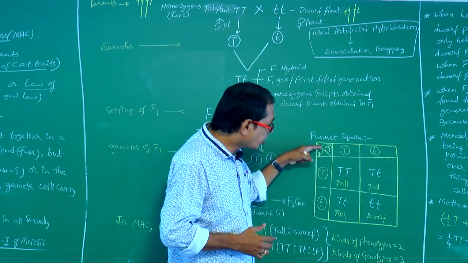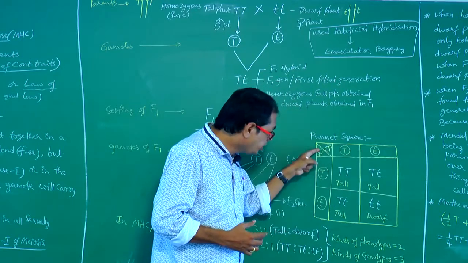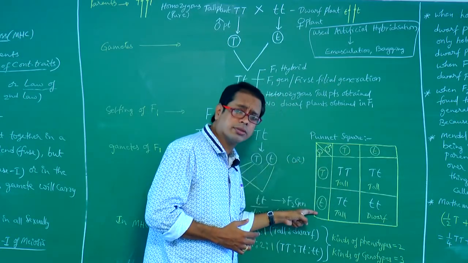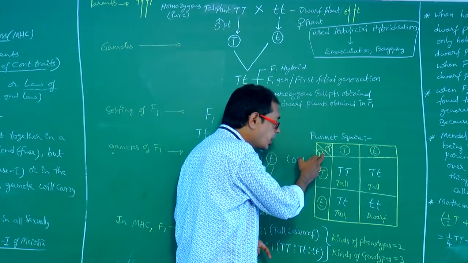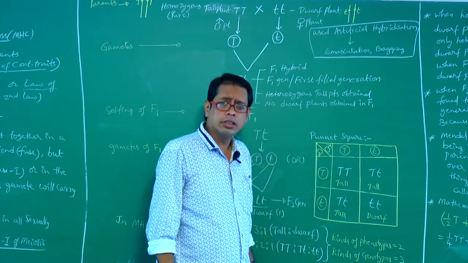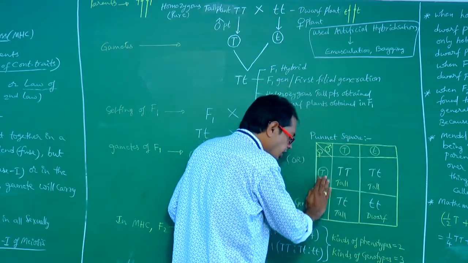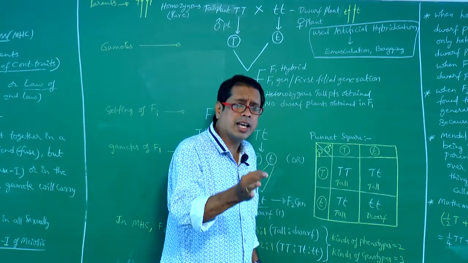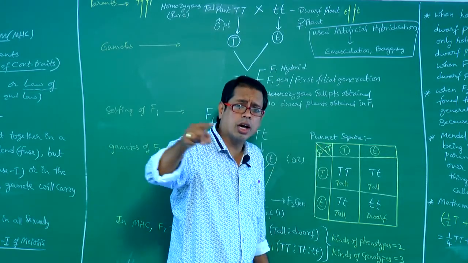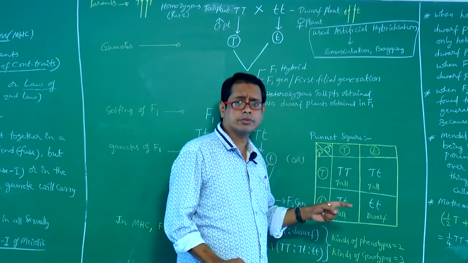See what I wrote here? These are the male gametes. These are the female gametes. Don't write female gamete here. Don't write male gamete here. That means this is the horizontal column, this is the vertical column. So male gametes are at the horizontal column.